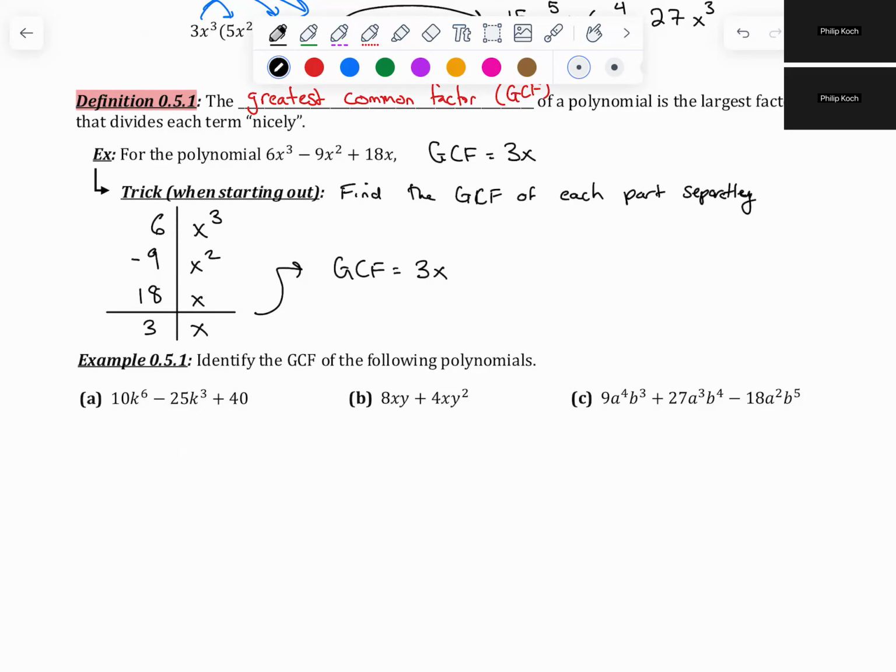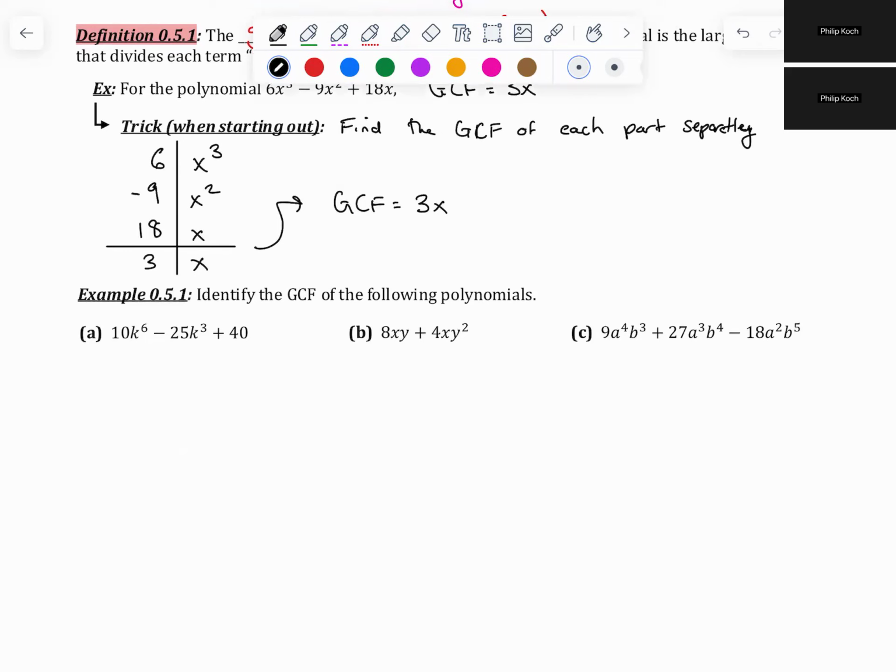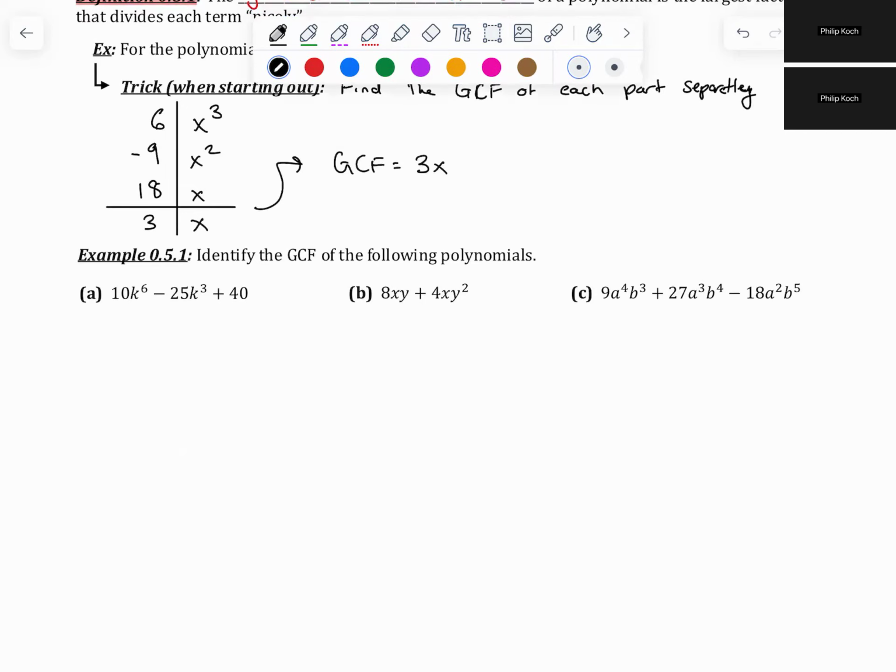So when I'm looking at it, what is the largest number that goes into all of those? 5. Not 10. 10 does go into 40, but it doesn't go into 25 nicely. So we can break it up: 10k to the 6th, negative 25k cubed, and then a 40. The 40 doesn't have a k. As we said, 5 is correct for the number portion of the GCF.